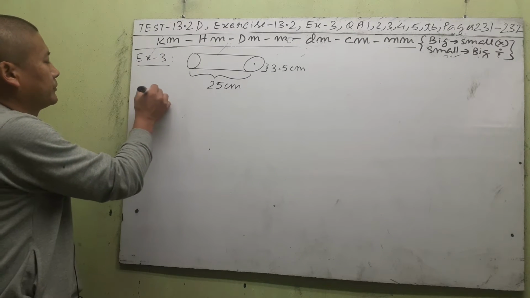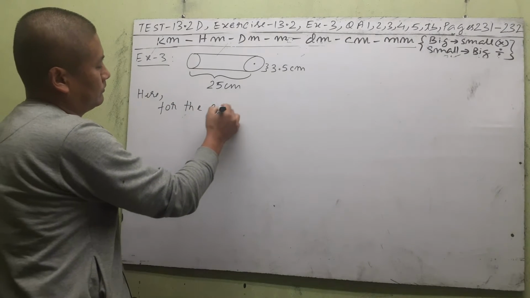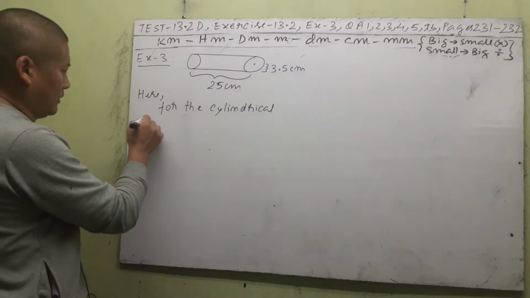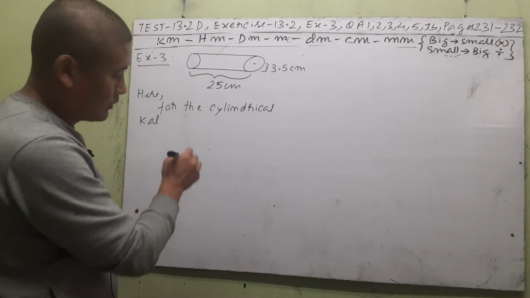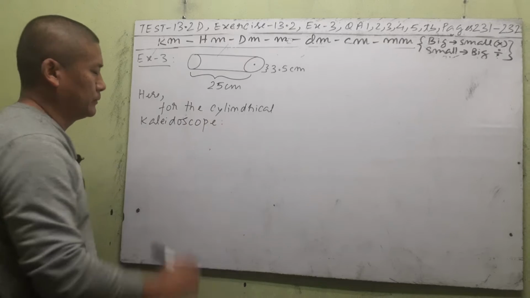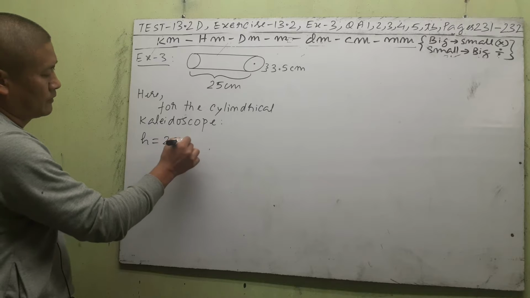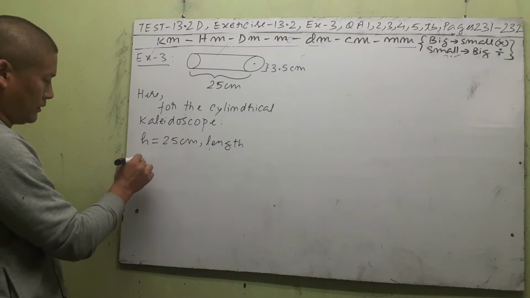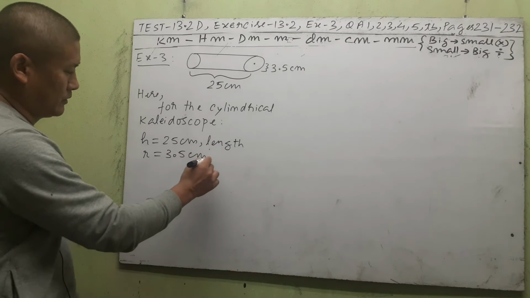So here, for the cylindrical kaleidoscope that she has to make, the length, let us say h, is 25 centimeter, and the radius of this kaleidoscope should be 3.5 centimeter.